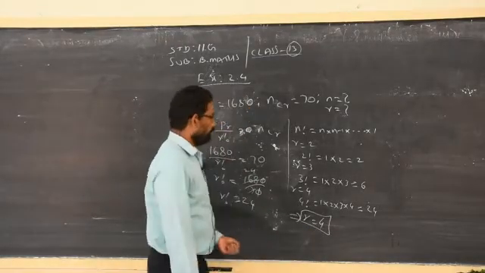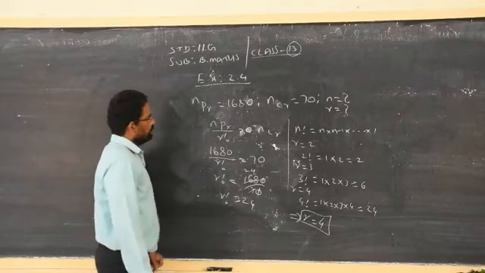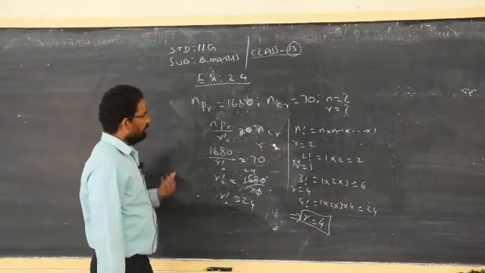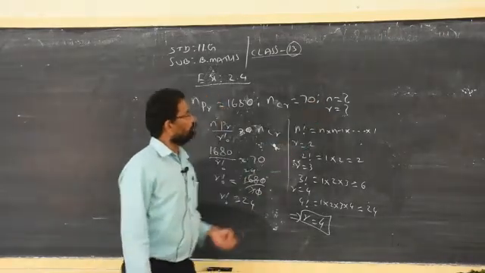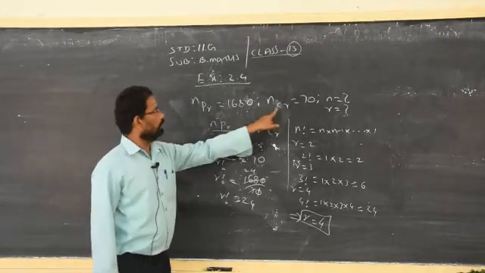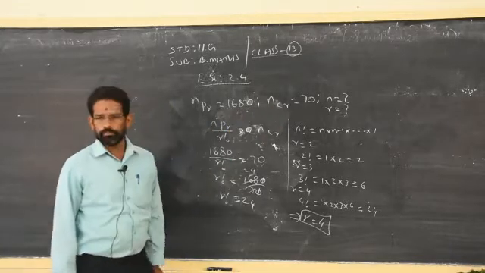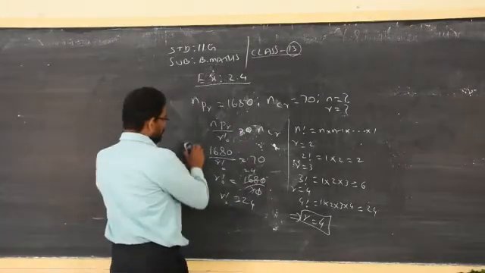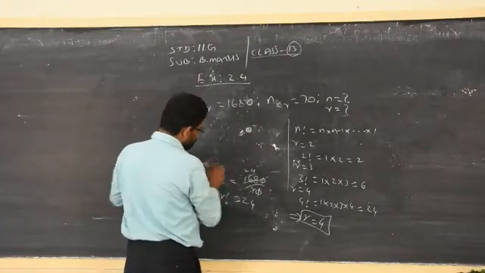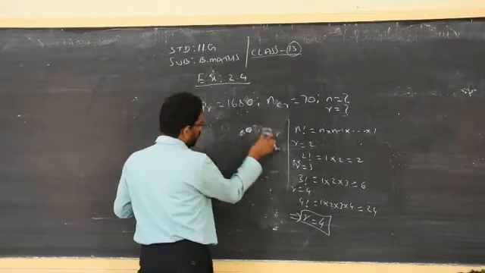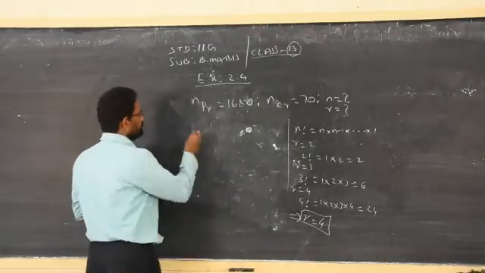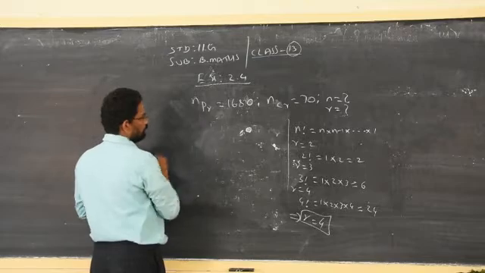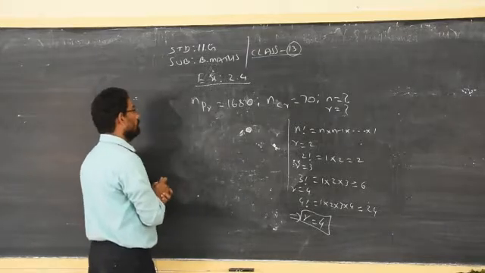Clear? Now I found r is equal to 4. Next our aim is to find out the value of n, for which you have to take any one of these two. Clear? So what is the possibility? Which one is the simple one? You can take any one out of these two, because we did some problems based on permutation in the previous exercise to find the value of n.